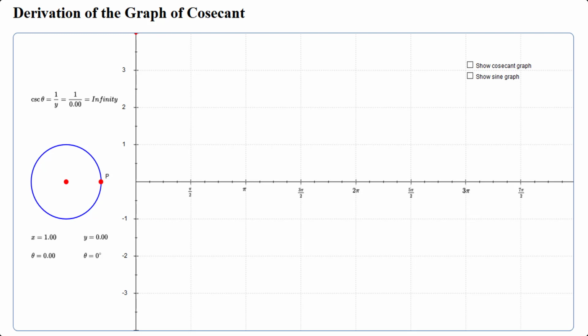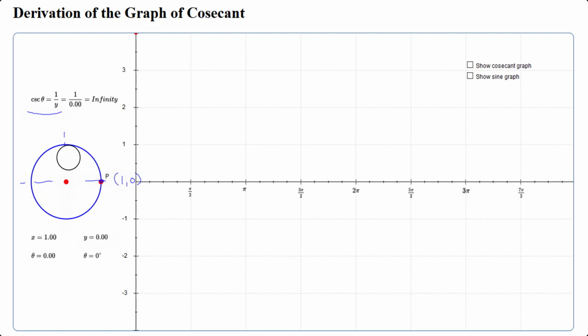Cosecant is defined as 1 over the y value of that point P. And if you'll notice right now, the y value of this point P is 0 because the coordinates of this point are effectively 1, 0. Because if I imagine an axis here on this circle, this would be the coordinates 1, 0.